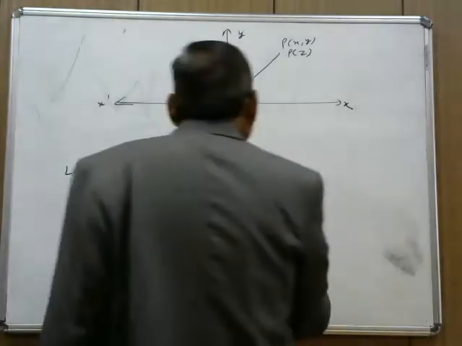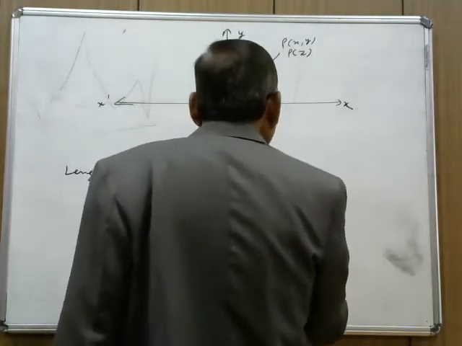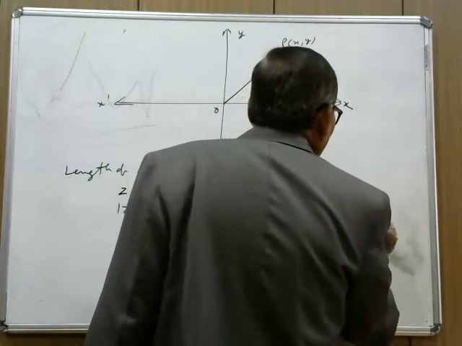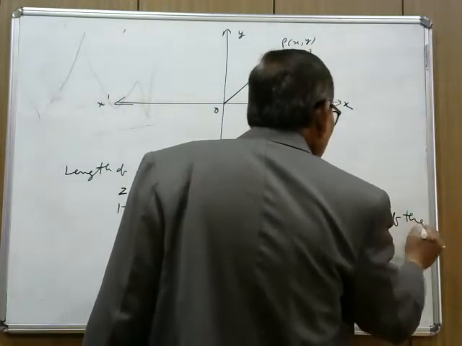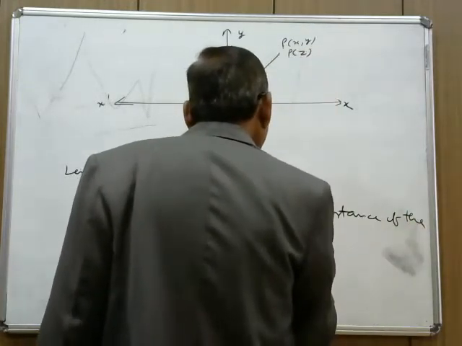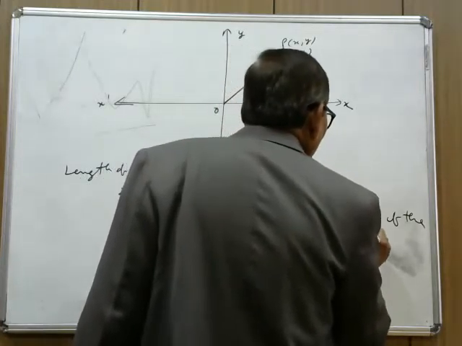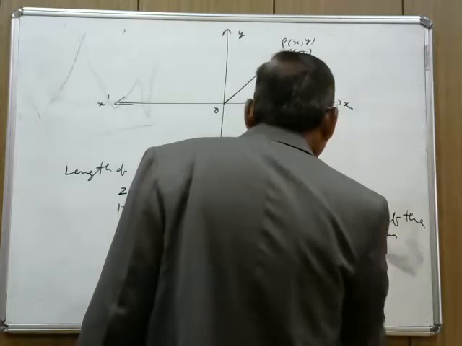This under root x square plus y square is the distance of the point P(x, y) from the origin.